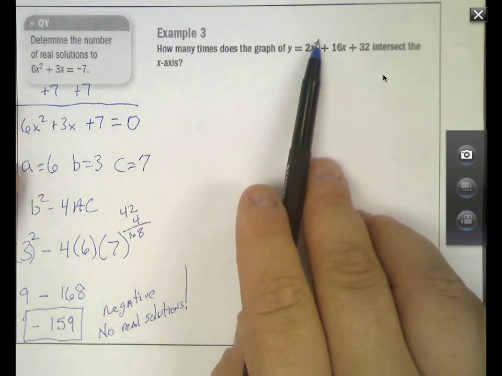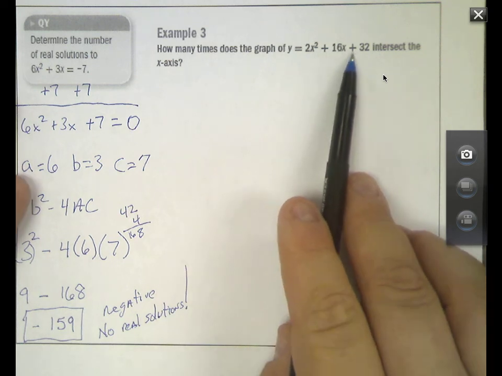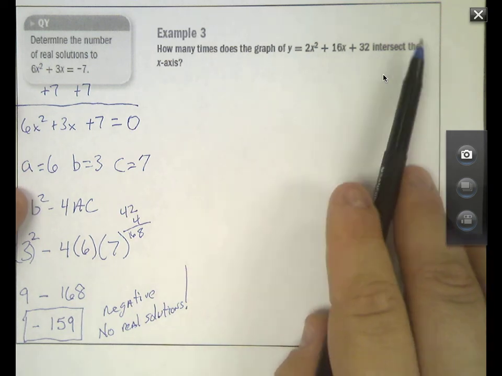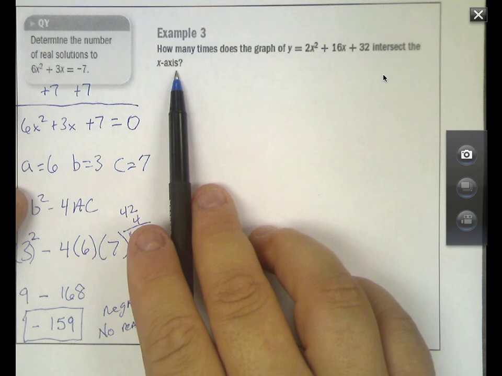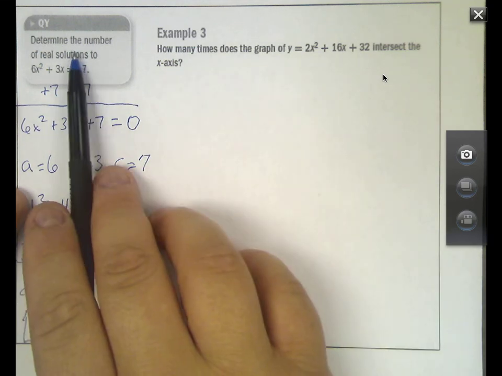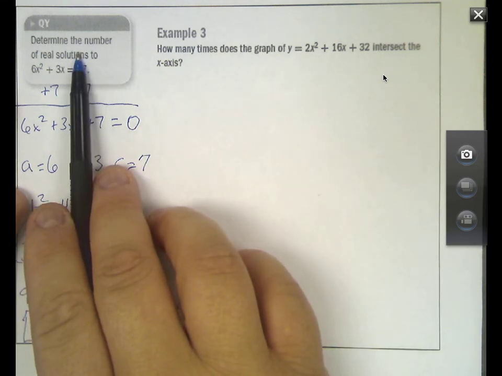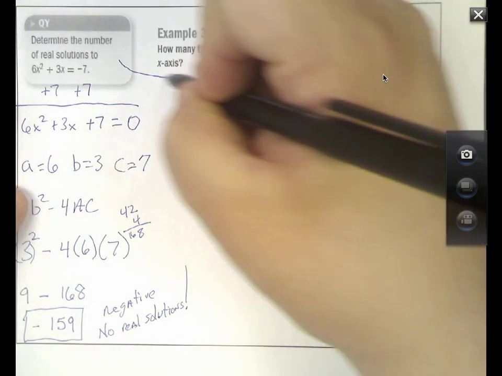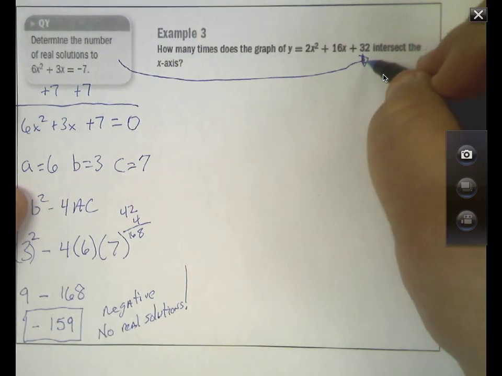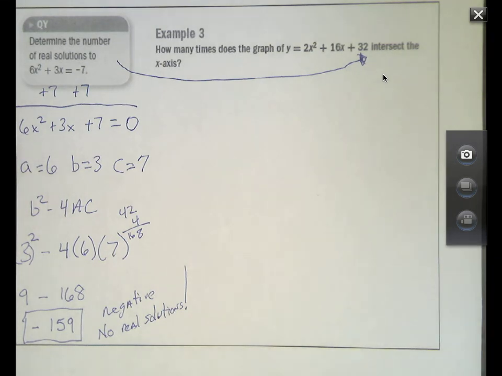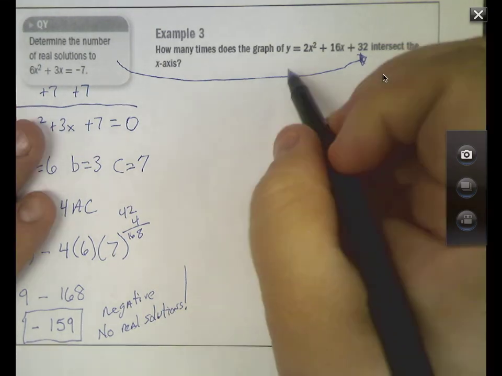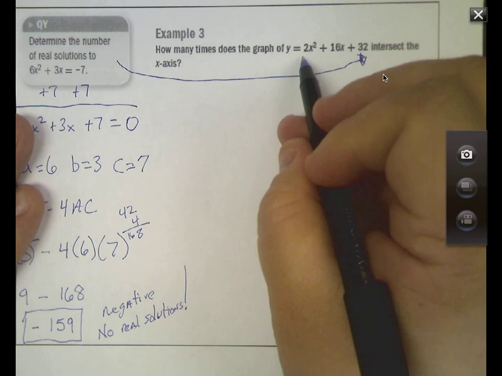Let's look at example 3. Okay? How many times does the graph of y equals 2x squared plus 16x plus 32 intersect the x-axis? Okay? Same question. How many numbers of real solutions does it have? How many times does it intersect the x-axis?